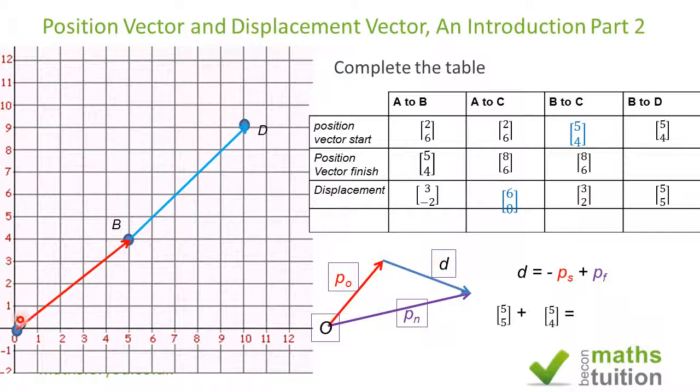Now we want to find P_F, which is from O to D. So we add those up and we get 5 plus 5 is 10, and 5 plus 4 is 9. And if we then put that in our grid, we can see that OD, that's P_F, is (10, 9). And we enter our figures in there.